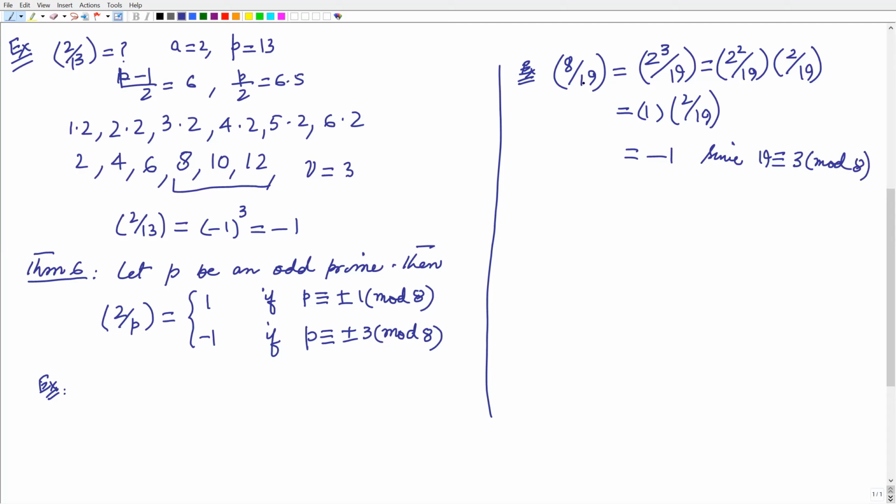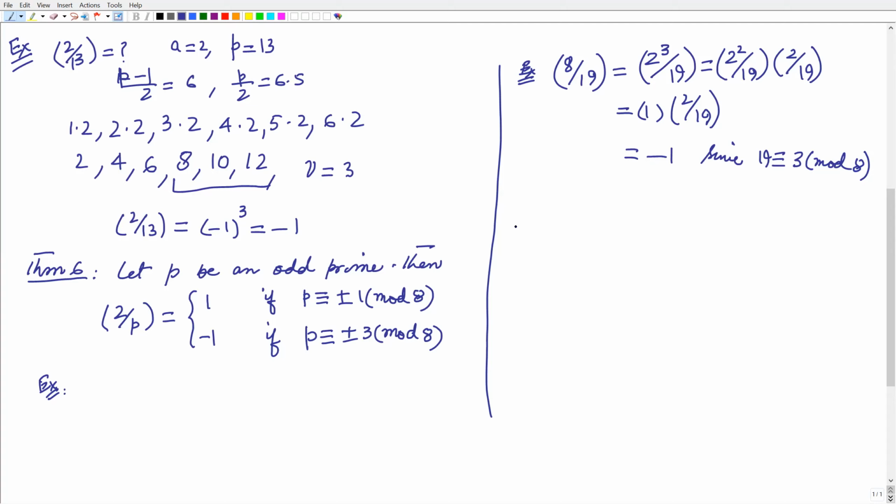So now we are able to find the Legendre symbol of 8. The Legendre symbol of 8 over 19 is minus 1.